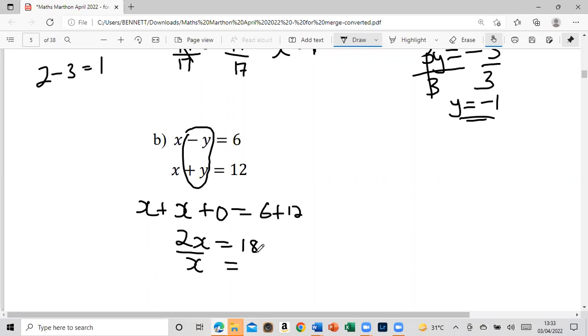So you divide both of them by 2, right? So x equals 9. And then now we say x minus y equals 6. But we know x is 9, so you just substitute it. And then we get rid of that 9 here by taking the inverse, which is minus 9.